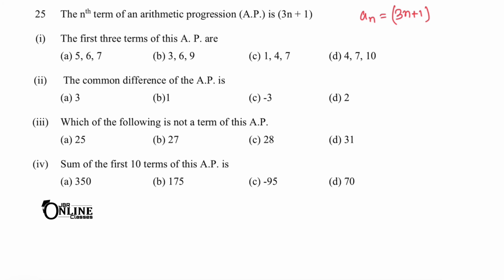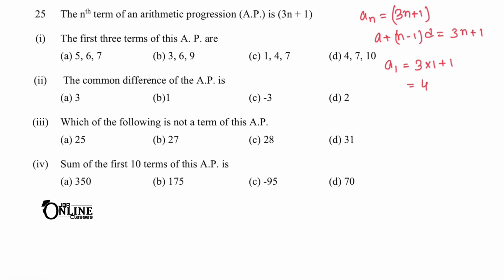You know an equals a plus (n minus 1) into d is the formula, and that is 3n plus 1. So for the first term, a1 means 3 into 1 plus 1, that equals 4. So the first term is 4.